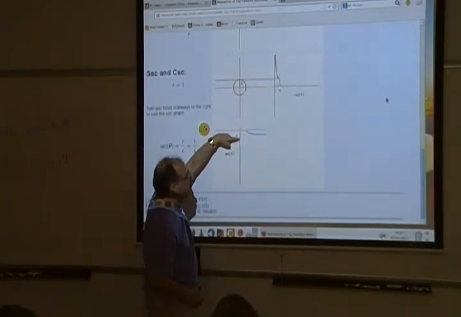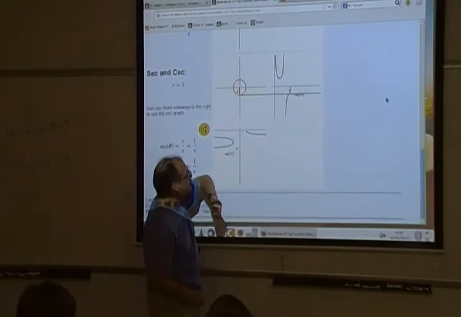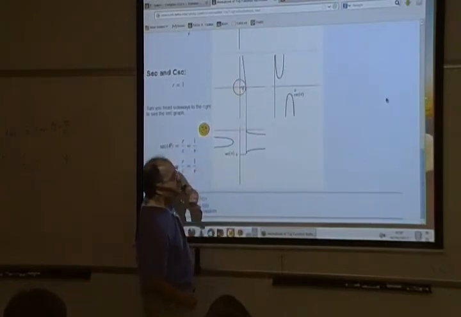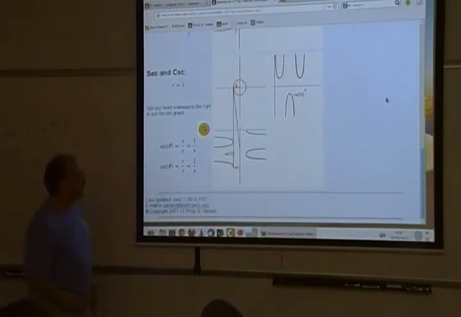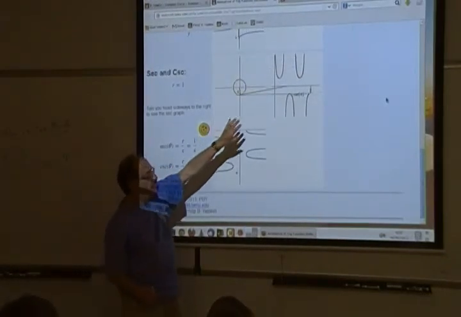Cosine of pi over 2, which is 90 degrees, is 0. So secant is infinity, or minus infinity. And so these are the graphs of the secant and the cosecant.